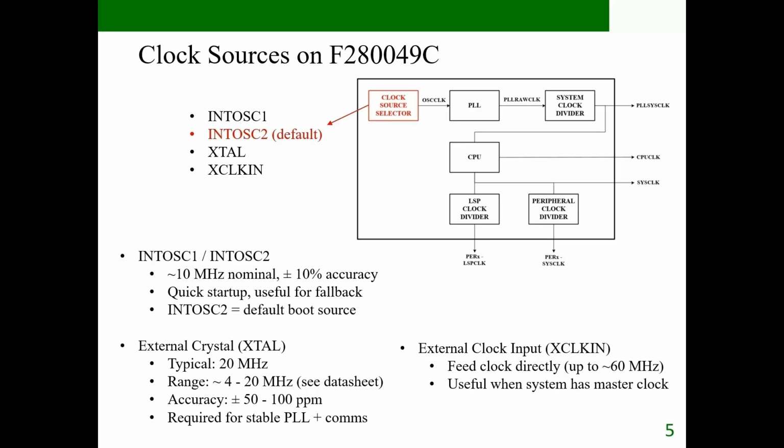So to summarize, the F280049C gives us flexibility. We start with the internal oscillator for quick boot, but for precise and reliable system operation, especially in digital power control, we almost always switch to an external crystal as the PLL reference.